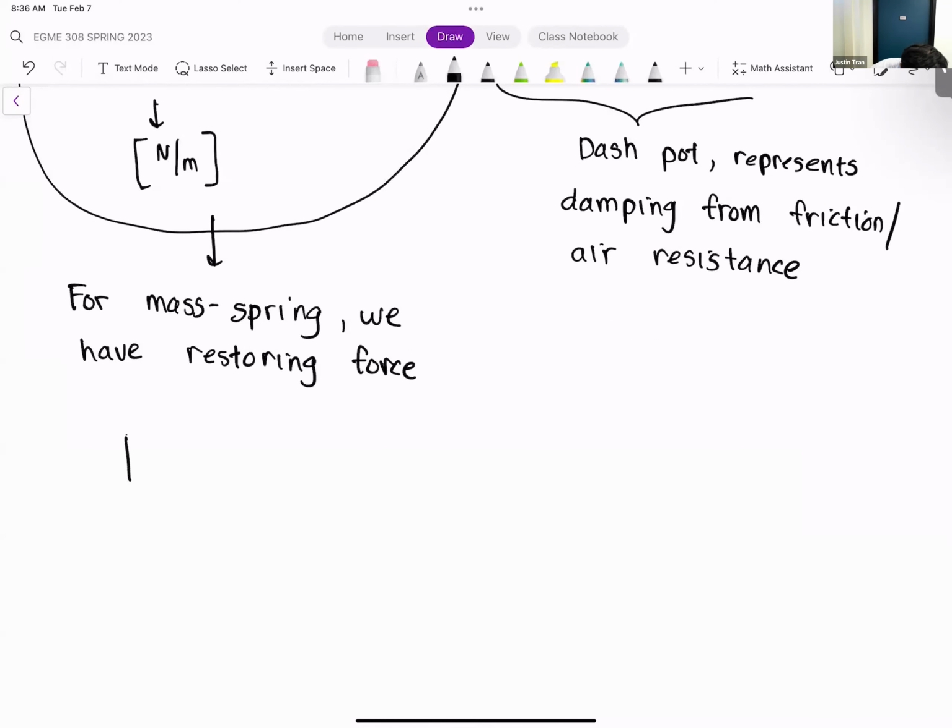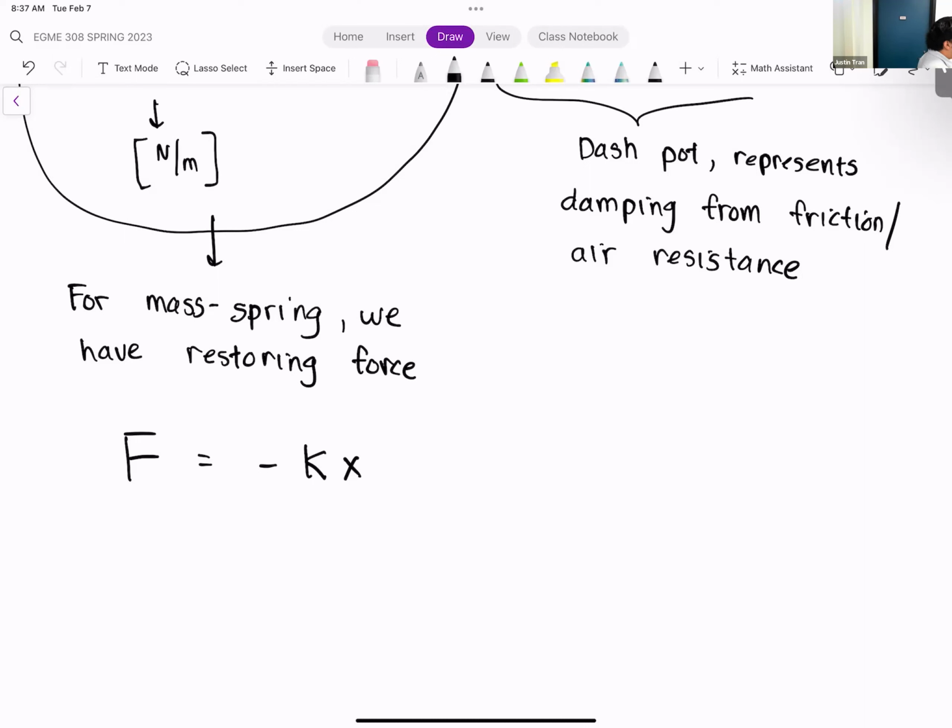And so this restoring force F is going to be minus k, the spring constant, multiplied by x, where x is the amount that you displace the mass. And of course, the negative sign means that it's a restoring force.